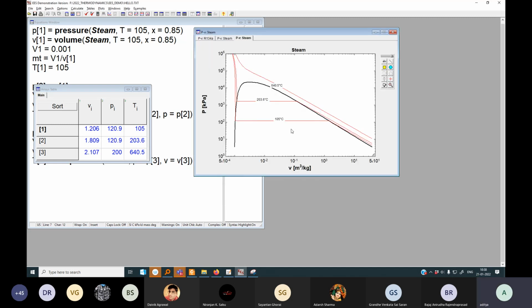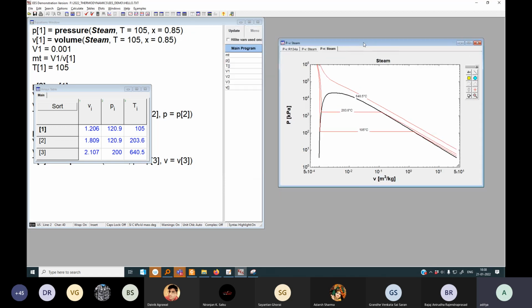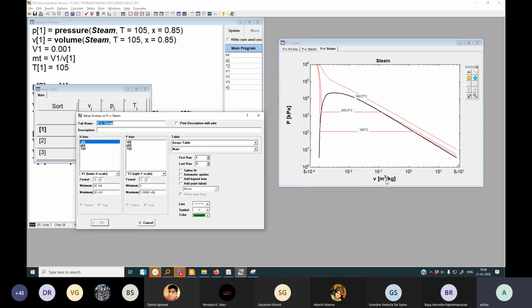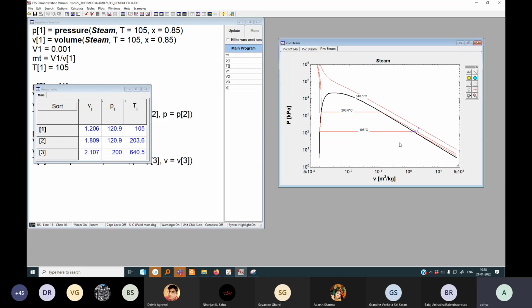Okay, so these are the three isotherms that we know. Now we will go to plot, to overlay plot. On the x-axis we have the specific volume, on the y-axis we have the pressure, and we will plot it with a blue line. This is the entire process.